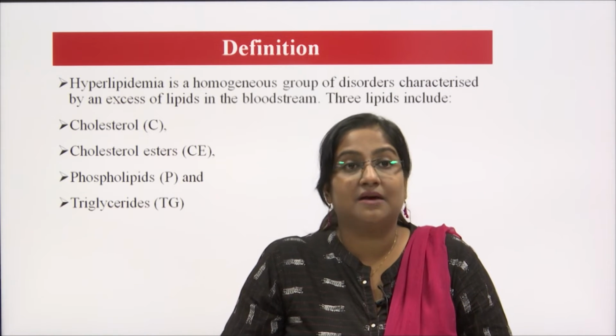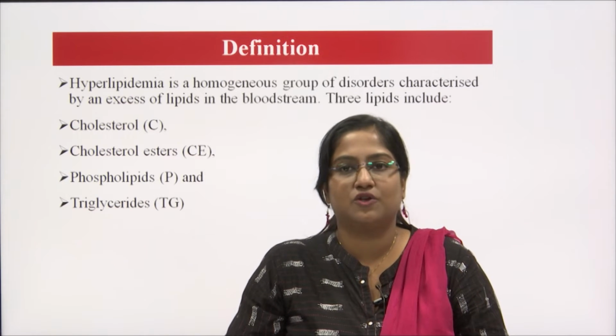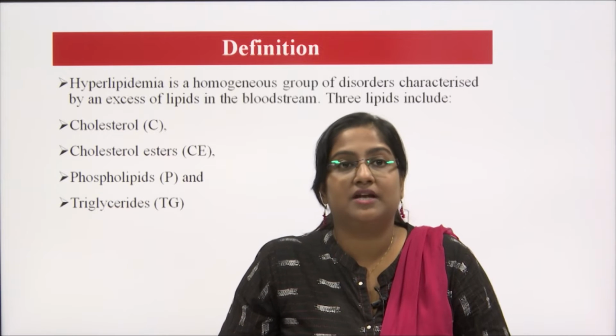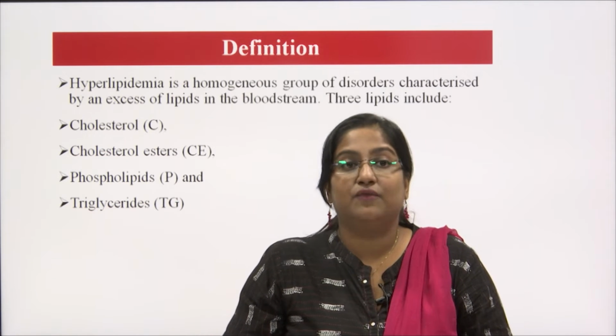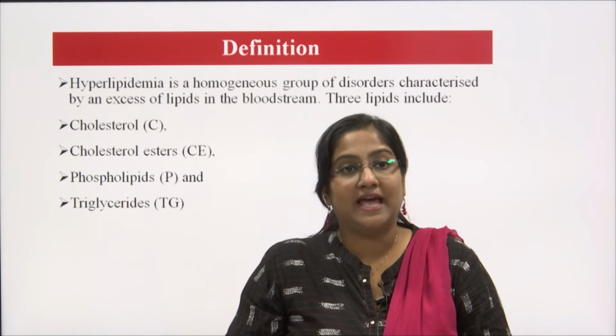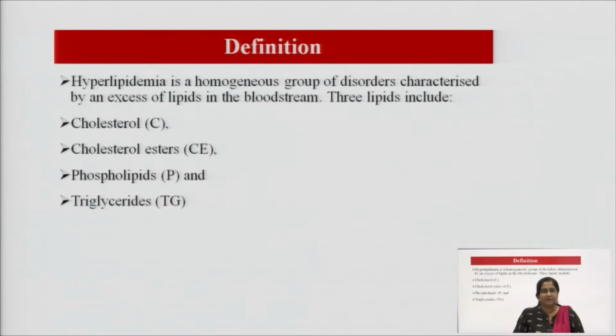And that excess amount of fat, either cholesterol, cholesterol esterase, phospholipids or triglyceride, when it flows in our bloodstream excessively, is a very dangerous form of disease which can lead to many other diseases. The first of all is obesity.